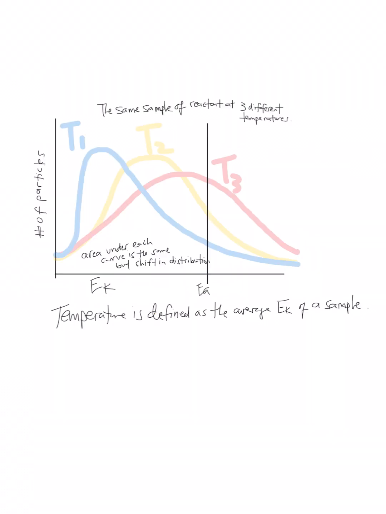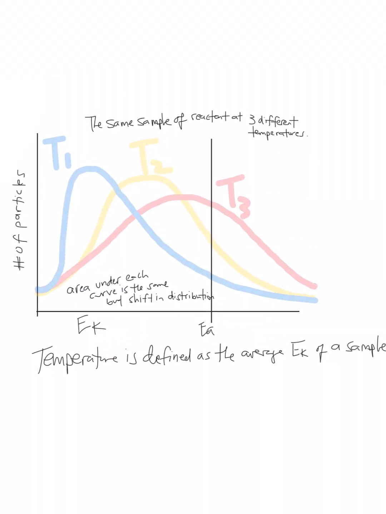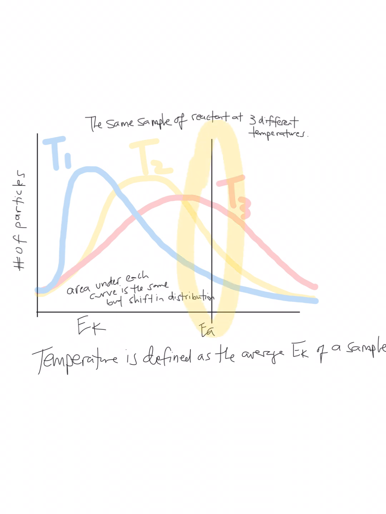So if we take a look at this second drawing of the Maxwell-Boltzmann distribution that I made here, I've added a couple of features. One thing I've added is a line representing the activation energy, and that's this black line right here, okay? This black line is representing the cutoff point.